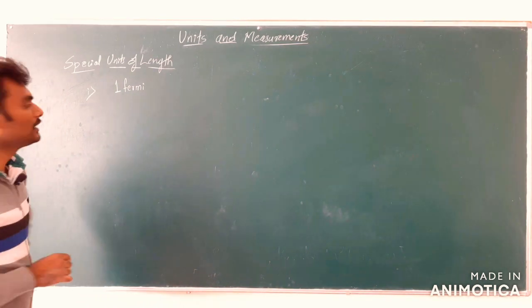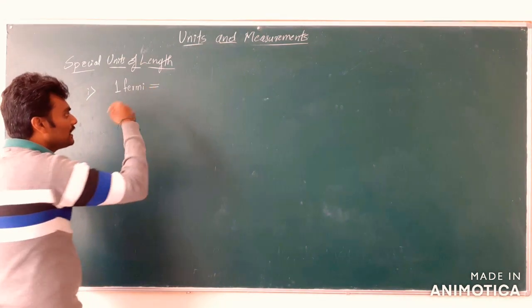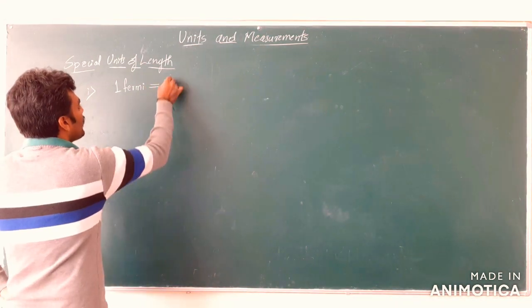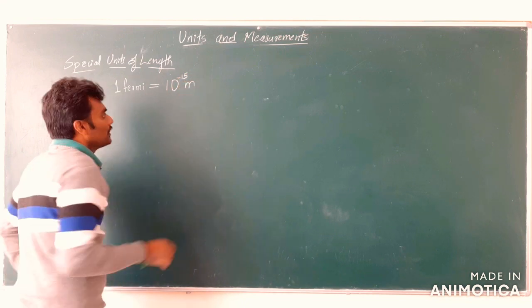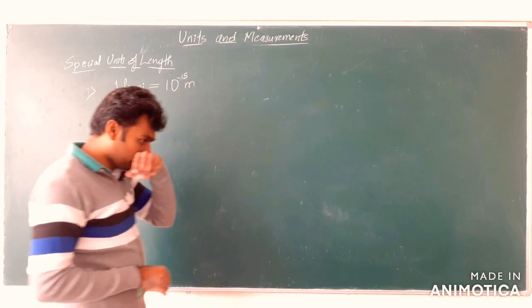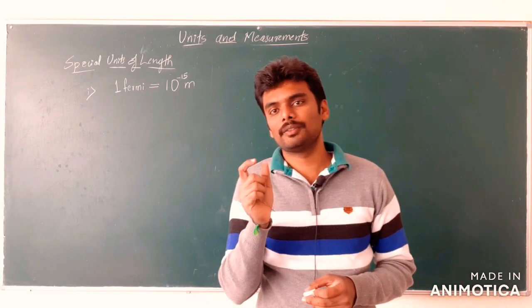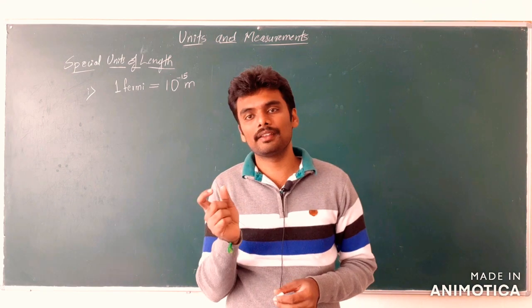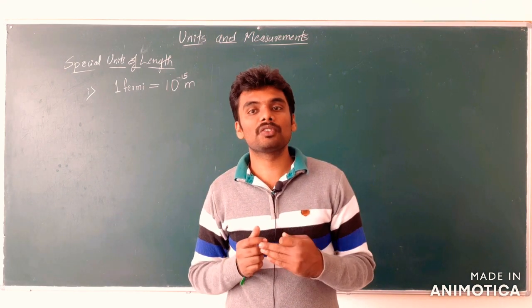1 Fermi is a unit of length which is equal to 10 to the power of minus 15 meter. So from now onwards, if I want to express the size or the radius of any nucleus, I can make use of Fermi.